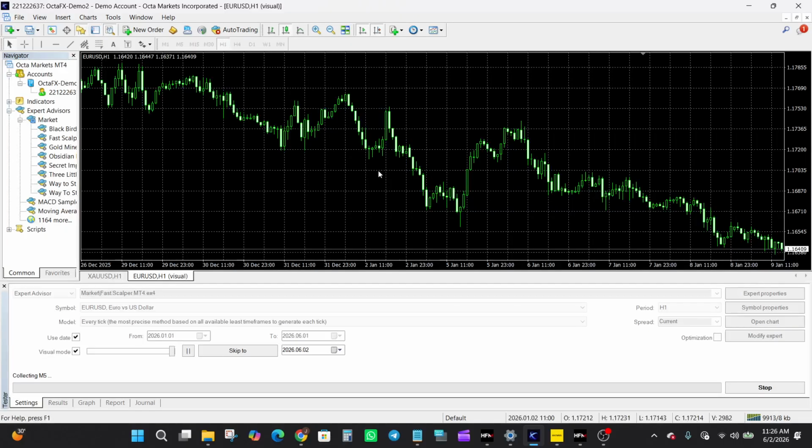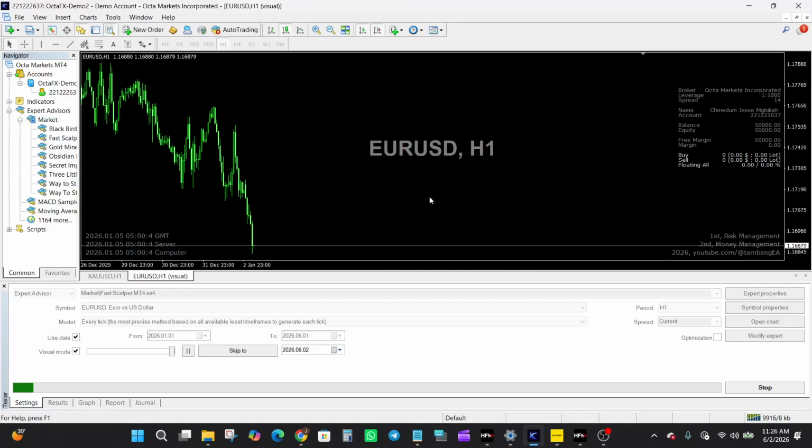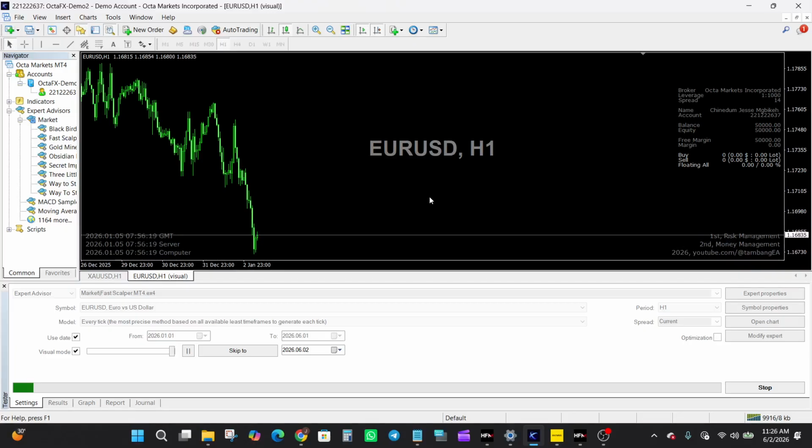All right. Now, when we look at the chart history, we're looking at how the EA behaved during the selected testing period, right? Since the developer states that the system is built around evaluating currency strength and adapting to changing global market conditions, the historical trade activity can be viewed within that broader framework.